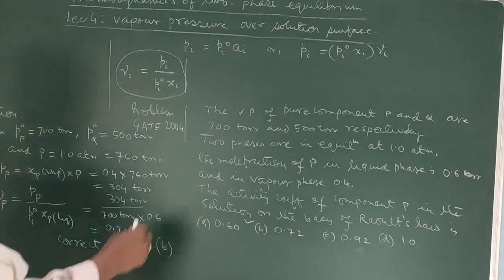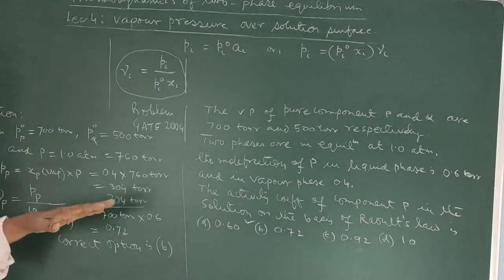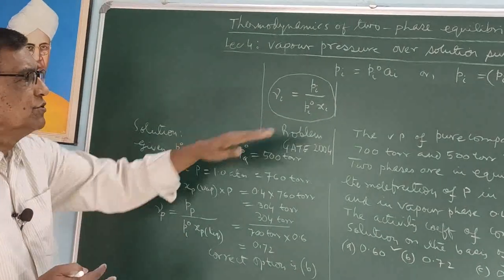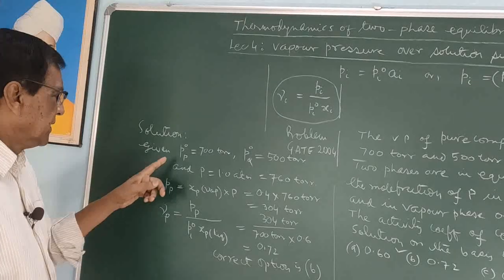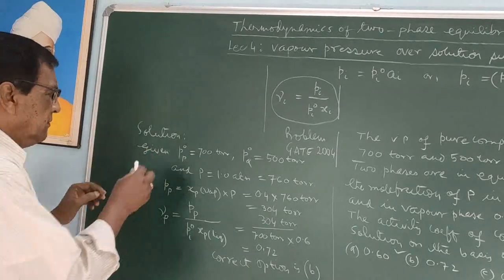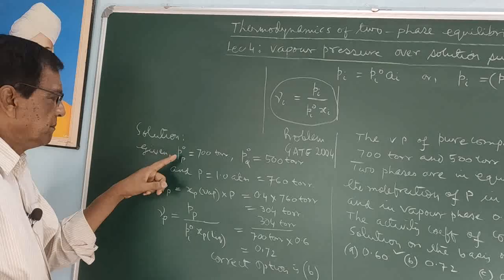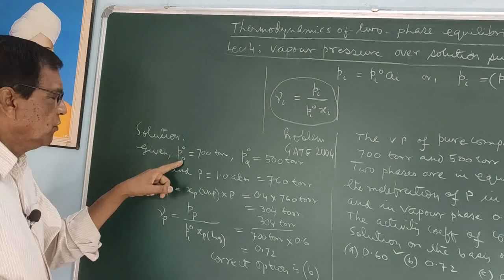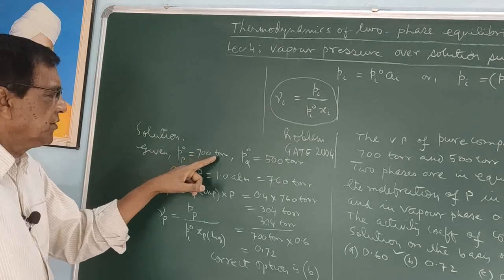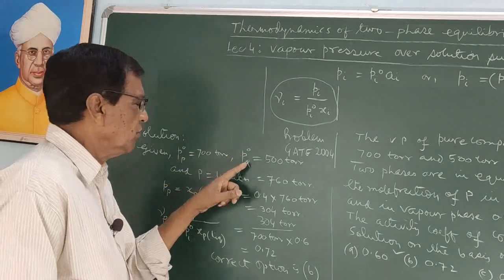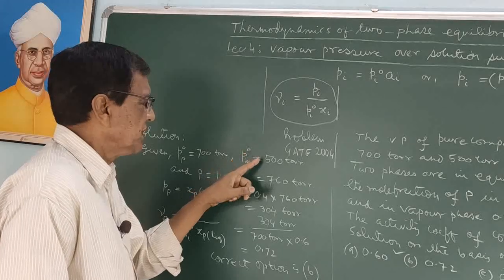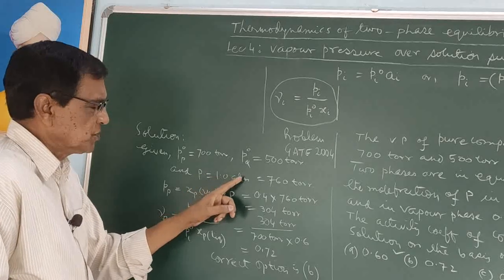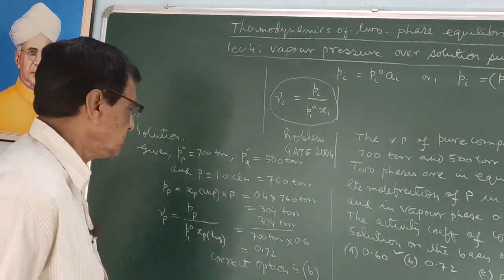The problem could be easily solved by using these formulas. Given that P naught, the vapor pressure of component P in the pure state, is 700 torr, and the vapor pressure of component Q in the pure state is 500 torr, and the total pressure P equals 1.0 atmosphere, which means 760 torr.